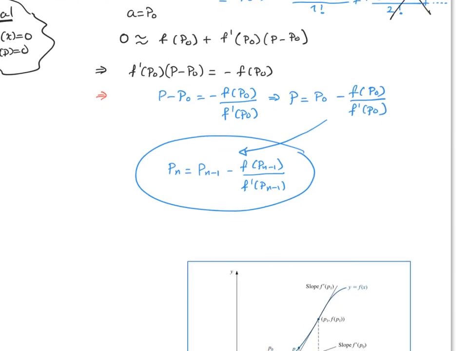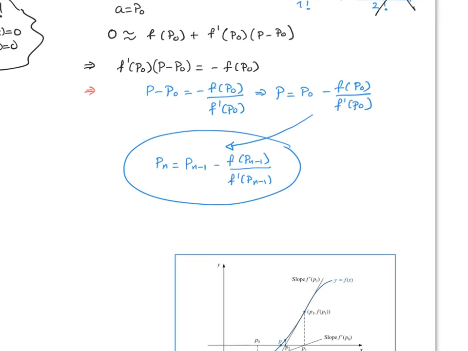Now, again, to make the connection between this and what we did in the last section, you could also write it like this. You could say g of p of n minus 1 is the same thing as p of n minus 1 minus f of p of n minus 1 divided by f prime of p of n minus 1.